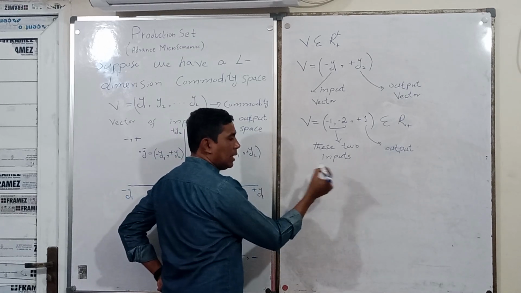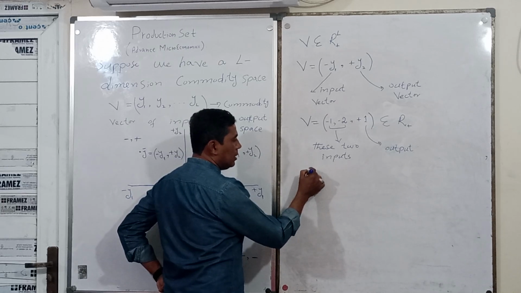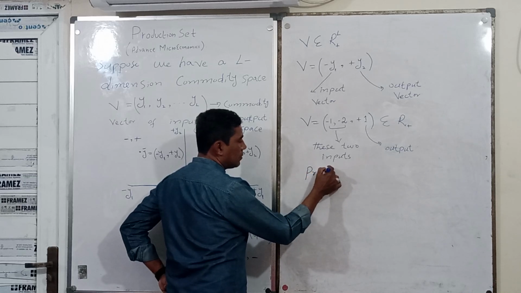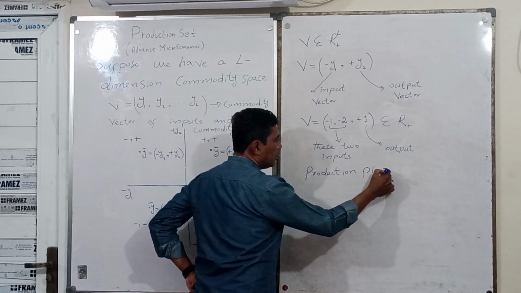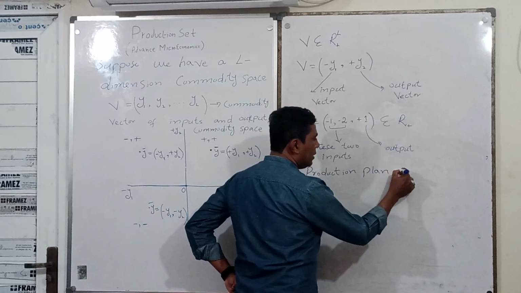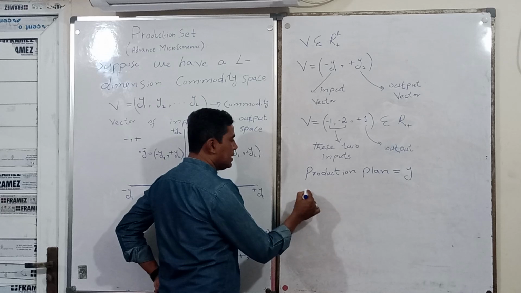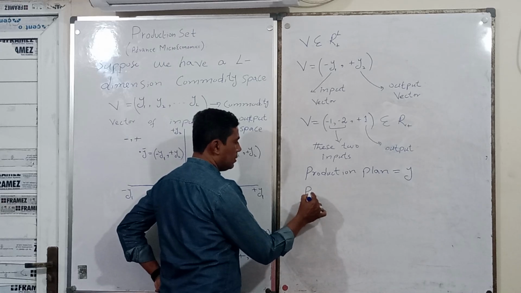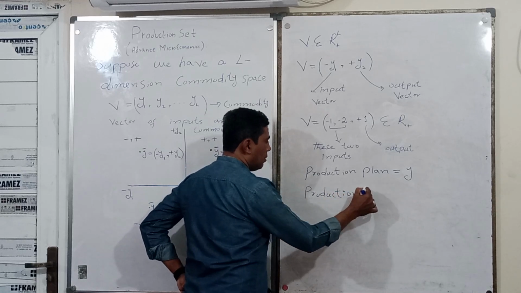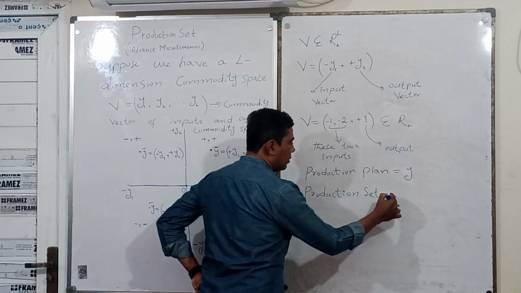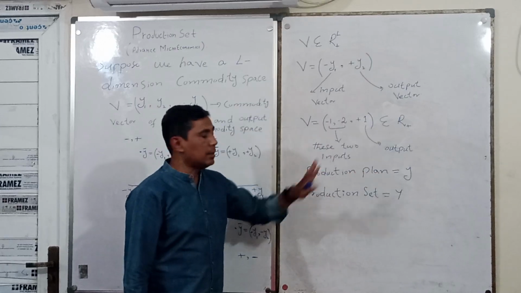So in economics or in books, the plan is represented by small y and the production set is represented by capital Y, to distinguish between plan and set.